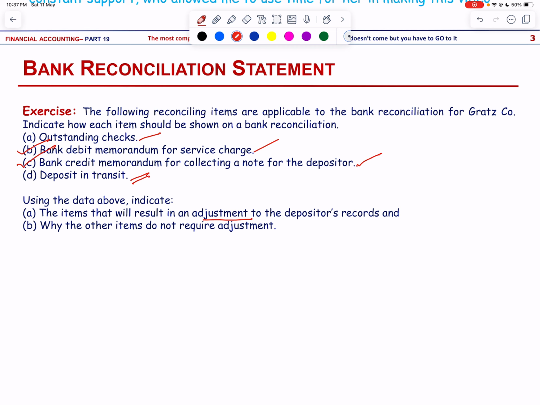Then why do the other items not require adjustment? The other reconciling items are the deposits in transit and the outstanding checks. They do not require adjustments because they have already been recorded on the depositor's book.